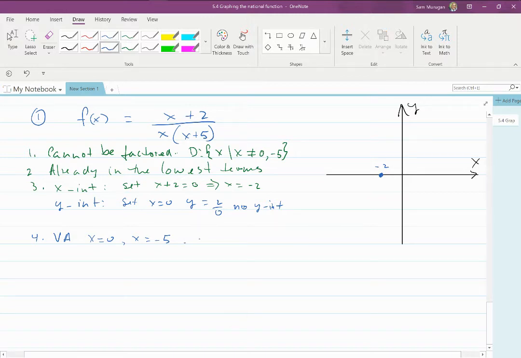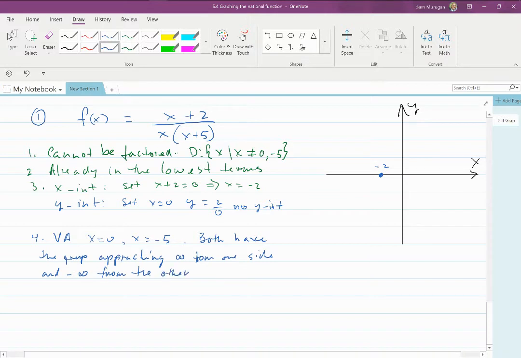And on both of these, because the multiplicity that created them is to the power 1, which is an odd power, both have the graph approaching infinity from one side and negative infinity from the other.